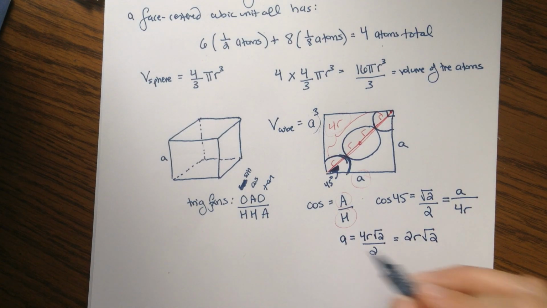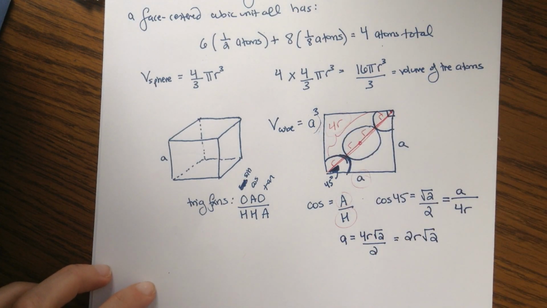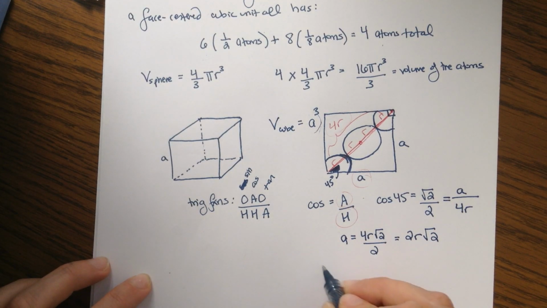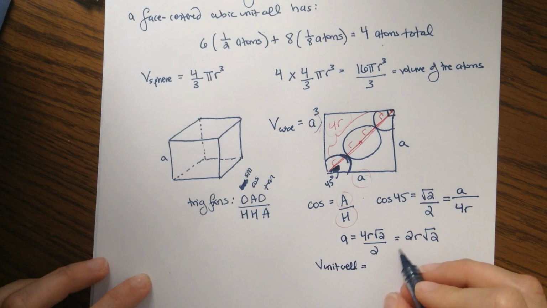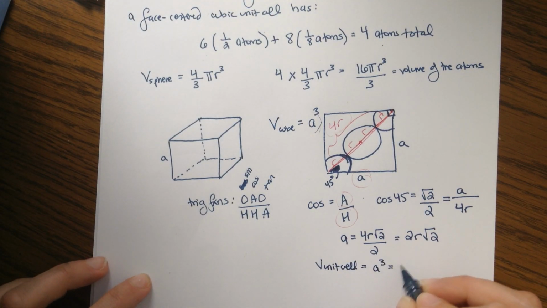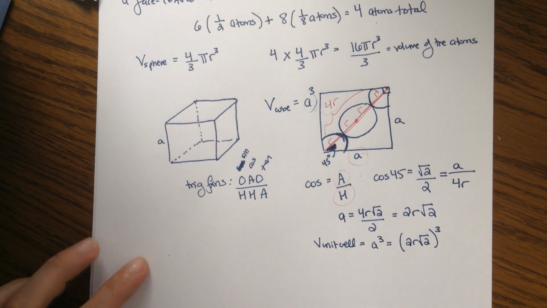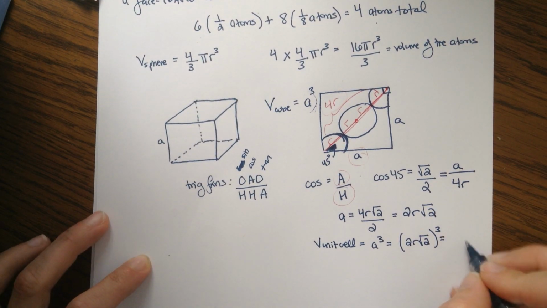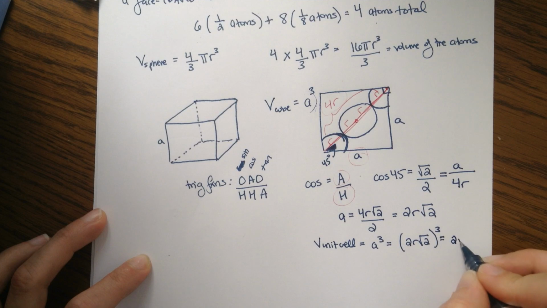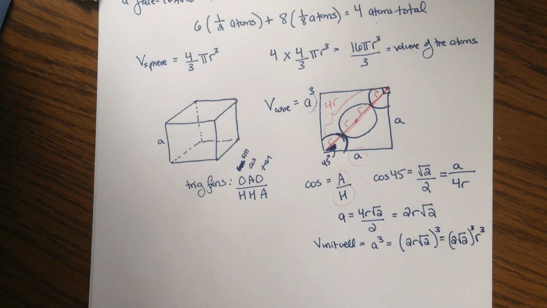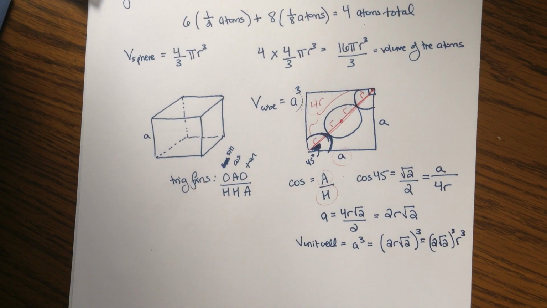So if that's what A is equal to, the volume of my unit cell is A cubed. Let's write down here, V unit cell, is equal to A cubed, equal to (2R square root of 2) cubed. Or we could pull this out and do a little more algebra, and say it's (2 square root of 2) cubed R cubed. Totally legit.